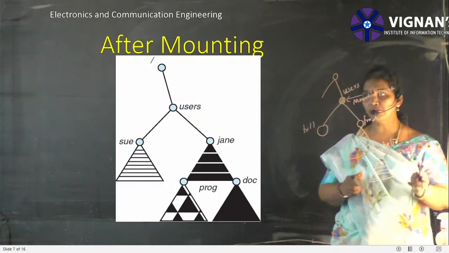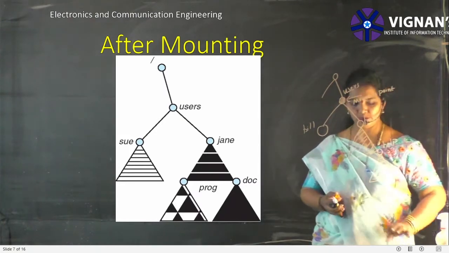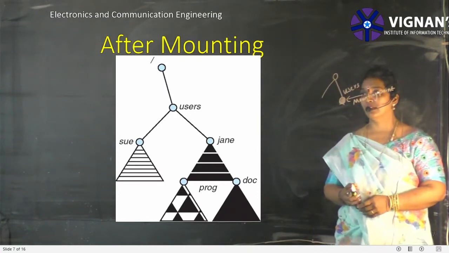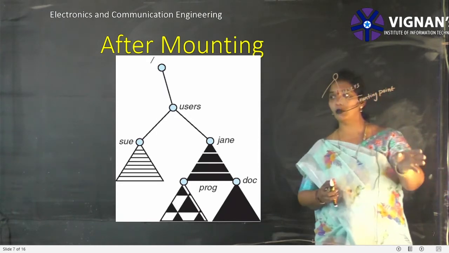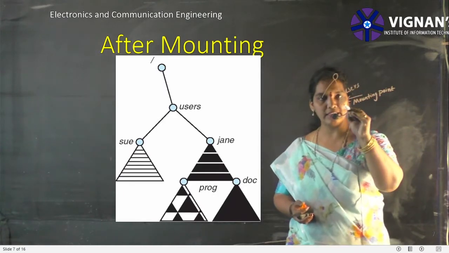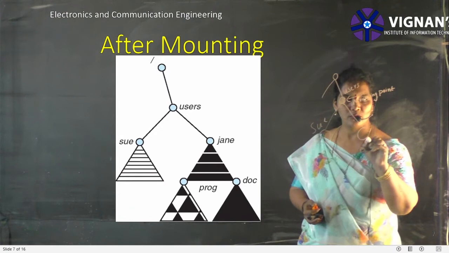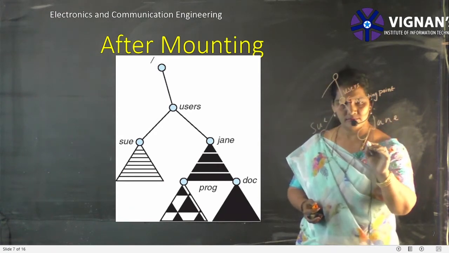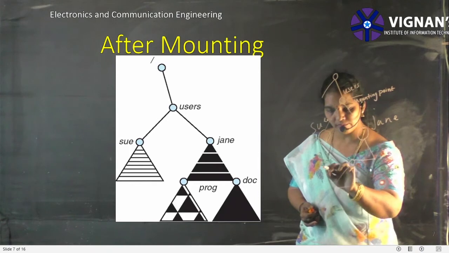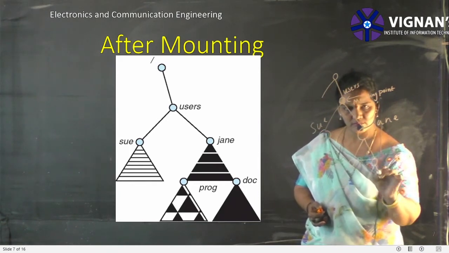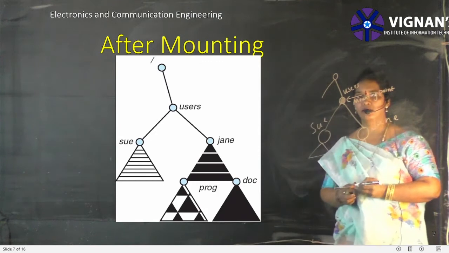After mounting, the unmounted files are connected at the mounting point users, and we get the files Sue, Jane, program and doc.